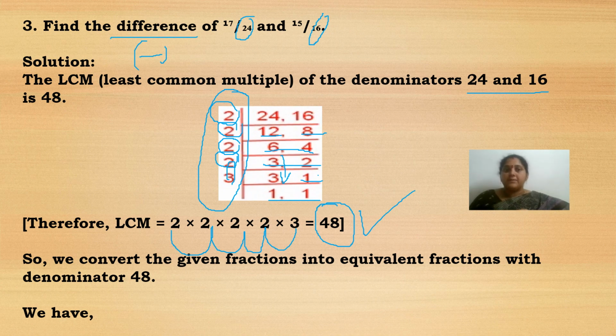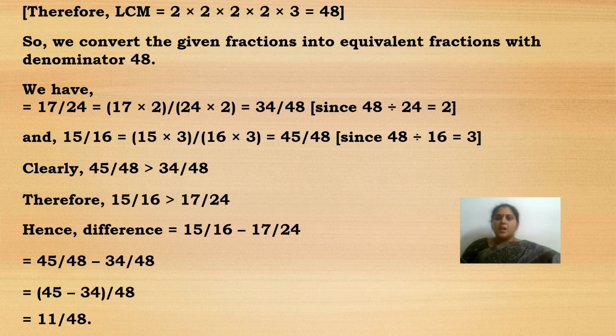So, we convert the given fractions into equivalent fractions with denominator 48. Now, what we are seeing here is that our LCM is equal to 48. So what do we have to do now?